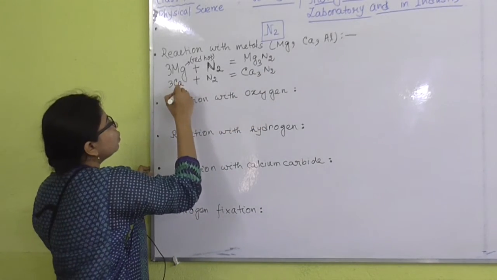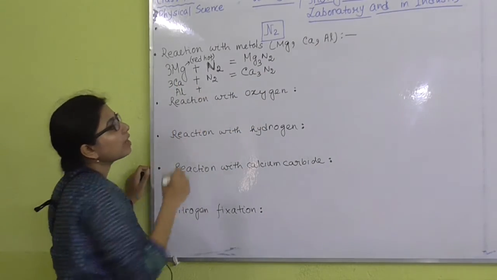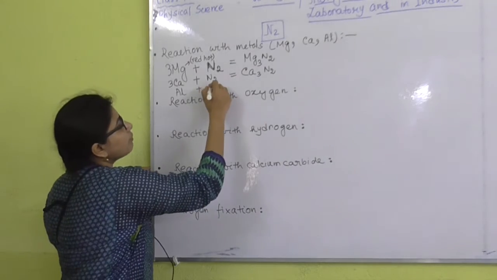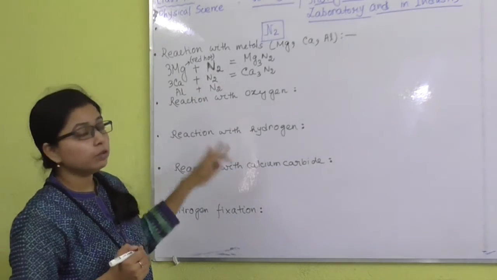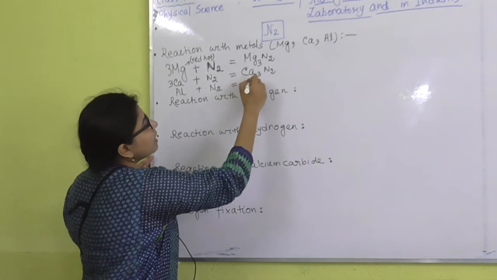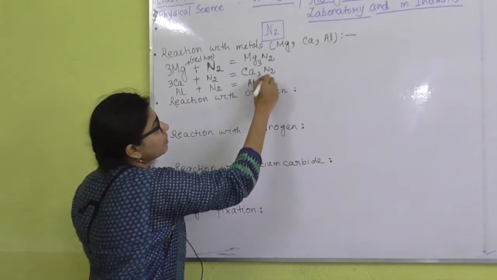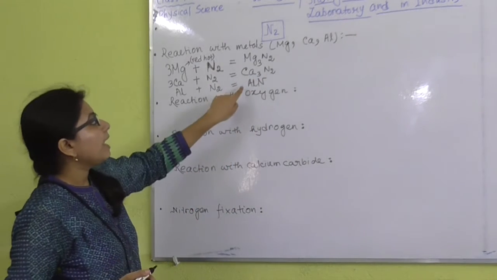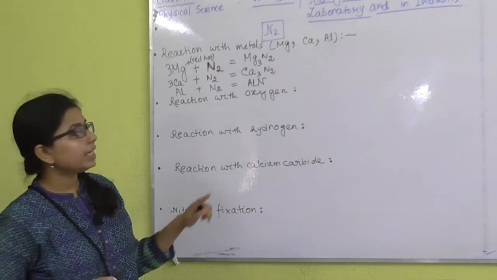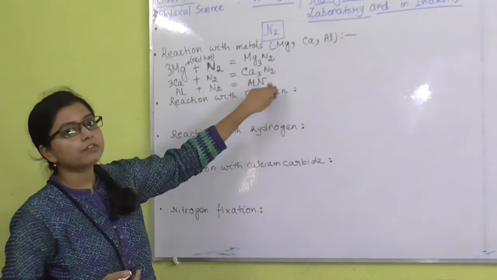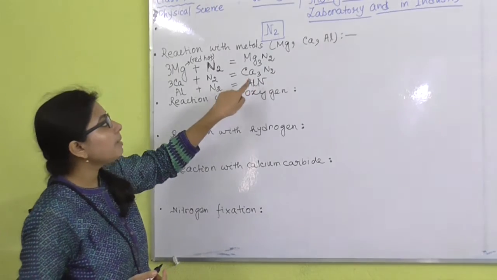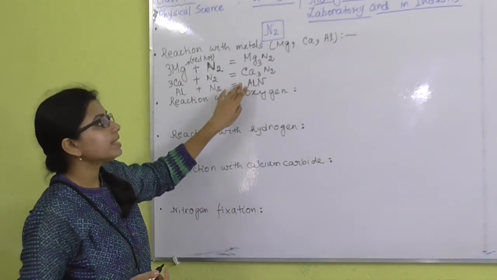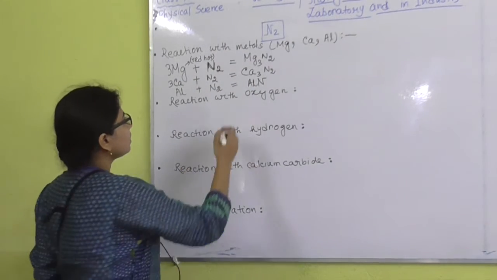And if you do the same thing for aluminium, that is if you pass nitrogen gas over red hot aluminium metal, you will get aluminium nitride. But remember, aluminium is also tripositive and the valency of nitrogen is also 3. So here it will be AlN, that is aluminium nitride.